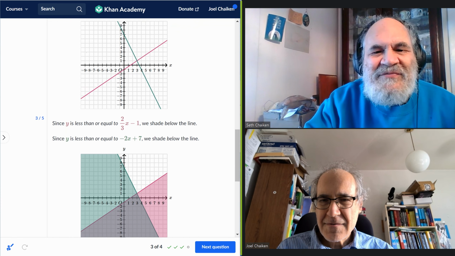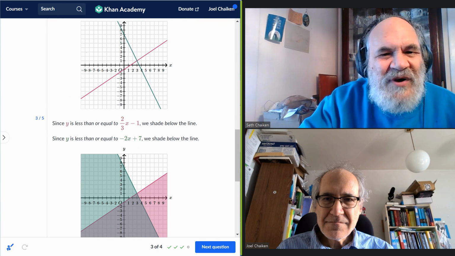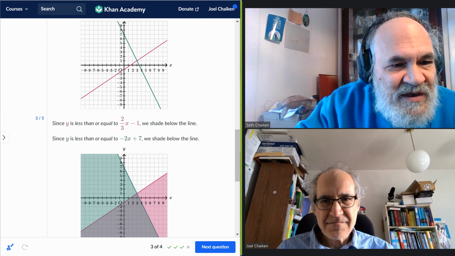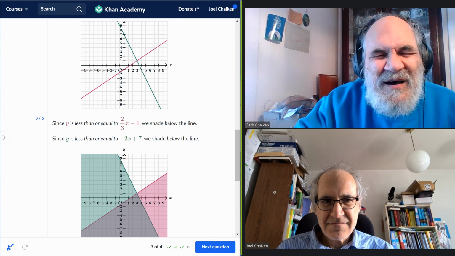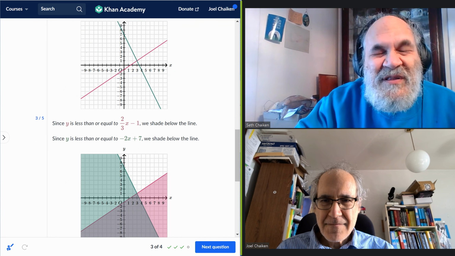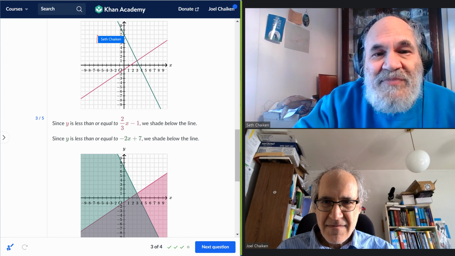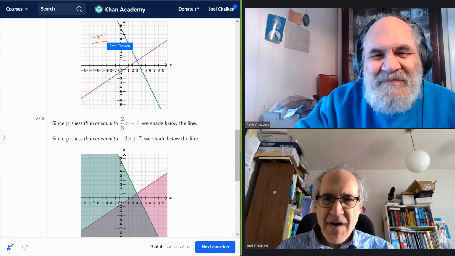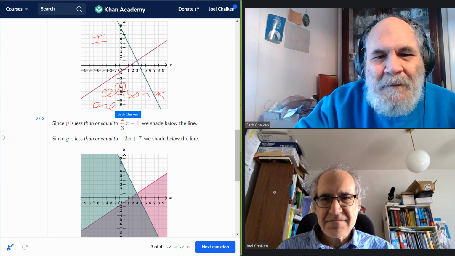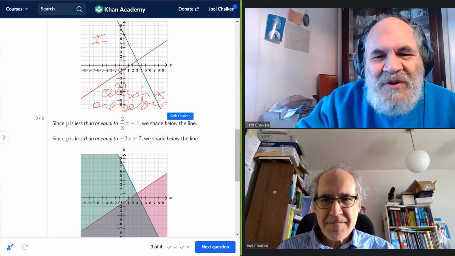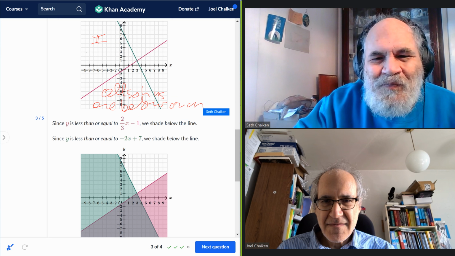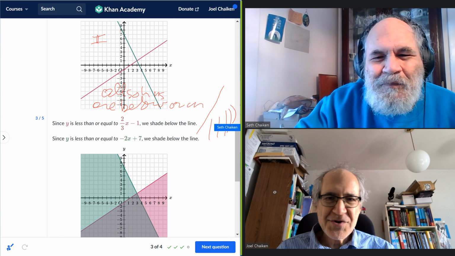As soon as you graphed the red line, you see that the red line is separated from the second quadrant. And so you could see immediately, since all solutions are below or on the red line, quadrant 2 has to be the answer.